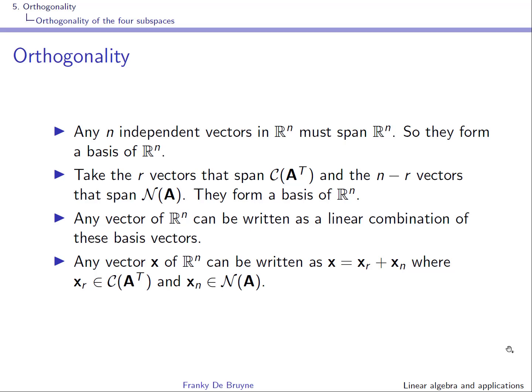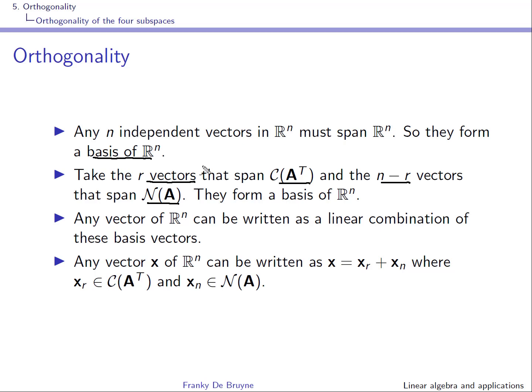Remember, if you can find n independent vectors that are in Rn, they must span Rn, so they form a basis of Rn. So one way to construct a basis is to take r vectors coming from the row space and n minus r vectors coming from the null space.